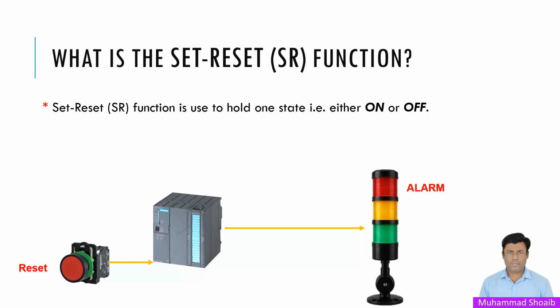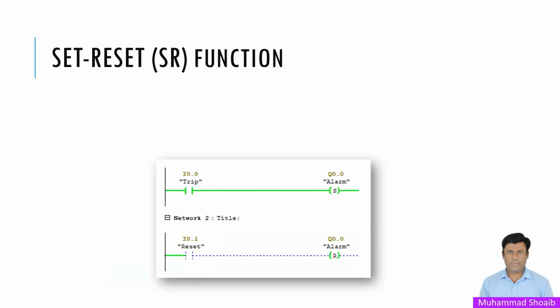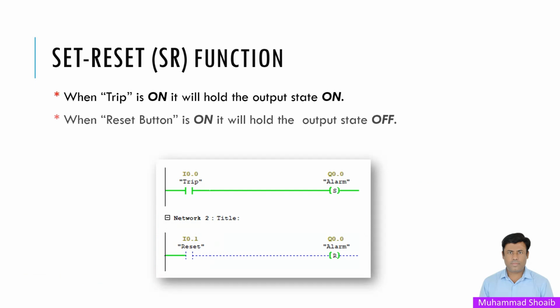So how can we program this task in a PLC? We can use the set reset function to program such tasks. How? We will take a NO contact and enter the input address of the trip, for example I0.0.